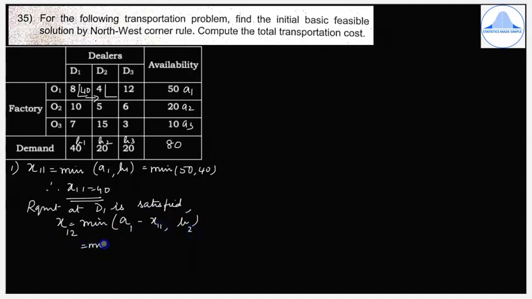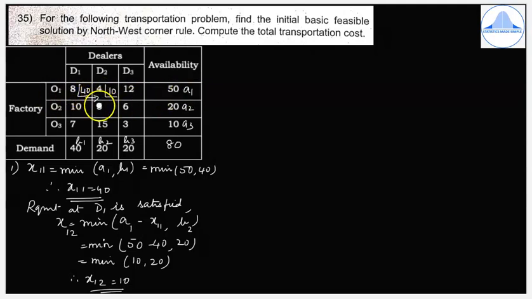So which is minimum of 50 minus 40 and 20. So which is minimum of 10 comma 20. So therefore you get x12 is equal to 10. Next you write 10 here. So 40 plus 10 is equal to 50, which means that the availability is satisfied.